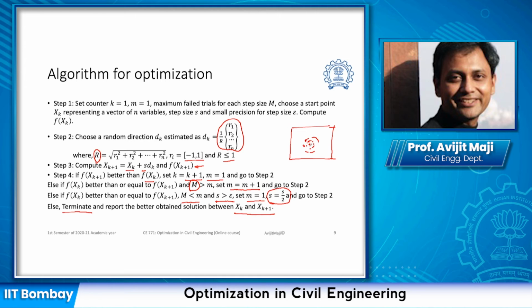If we cannot, and if we exhaust all our failed trial options, then we further reduce the step size, and this process goes on until we reach the condition where it meets the predefined precision, and once it meets that, we terminate the process and report the point as the optimum solution.